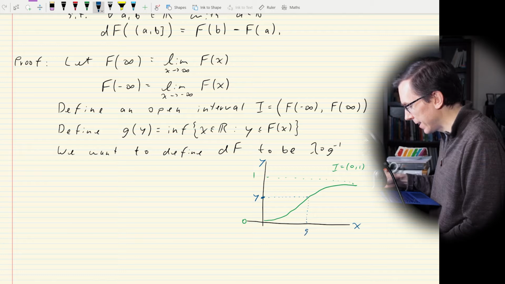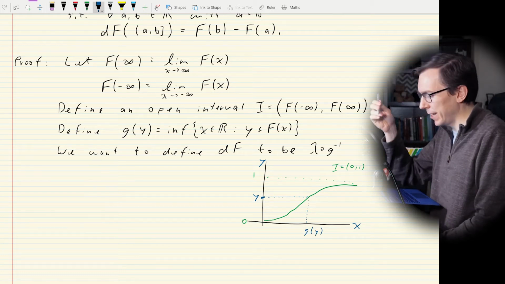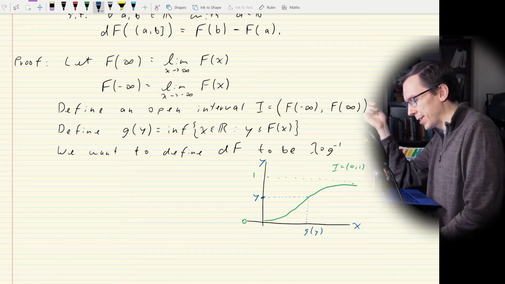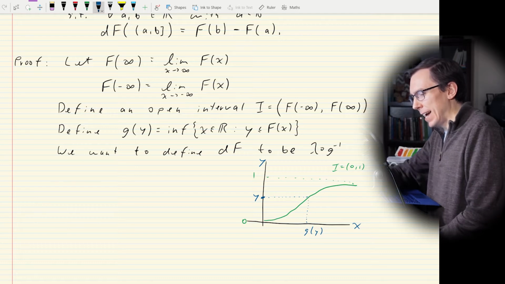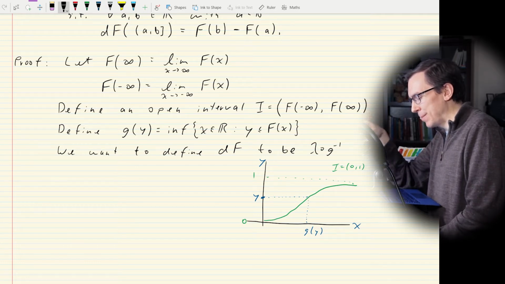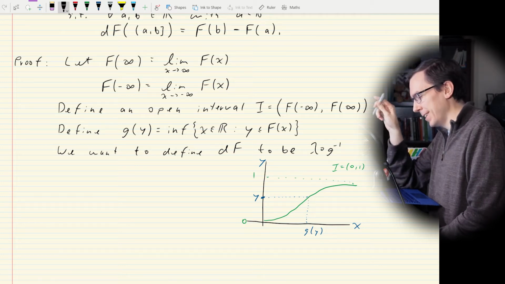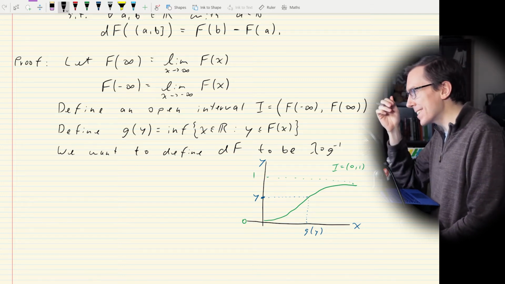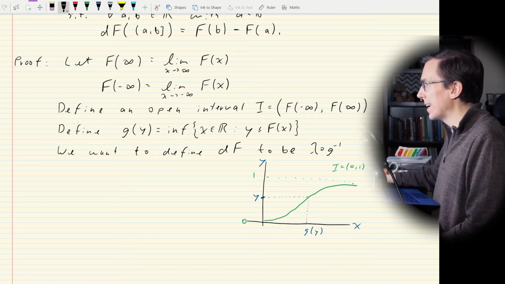So it would be something like this. This is what I mean by it being kind of like the inverse function. G is going to take us from the y-axis to the x-axis. F goes from the x-axis to the y-axis, if we think about it like that.